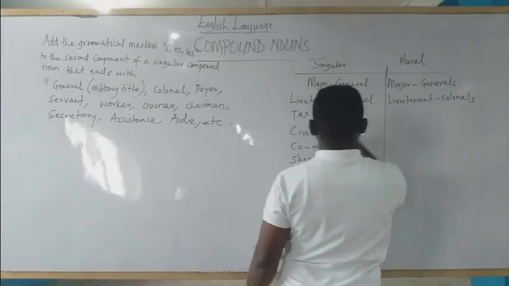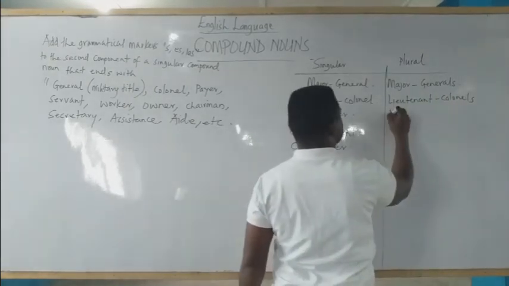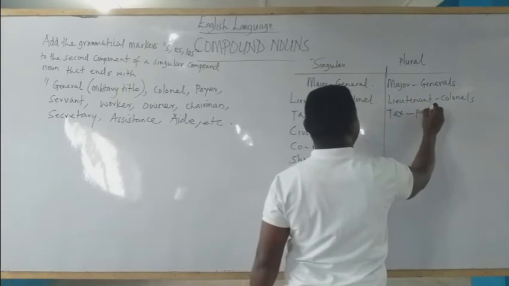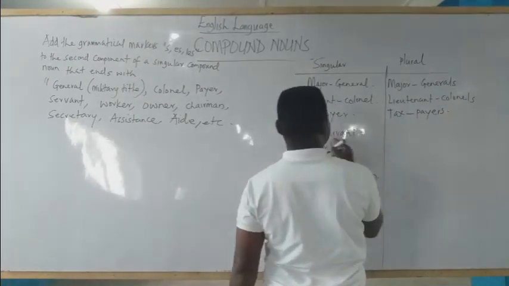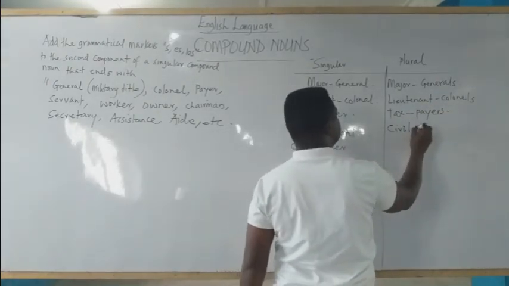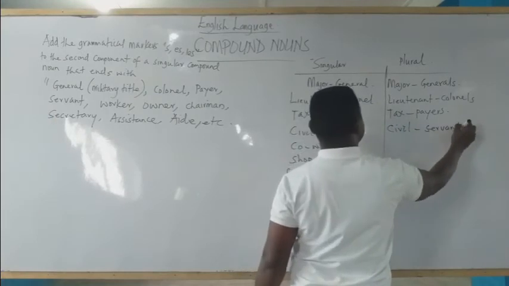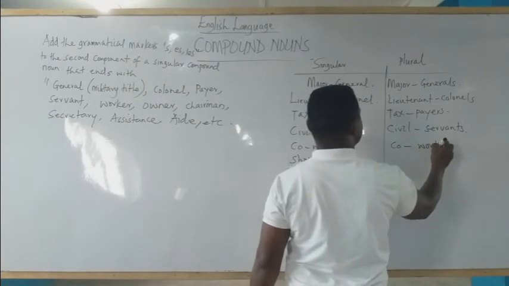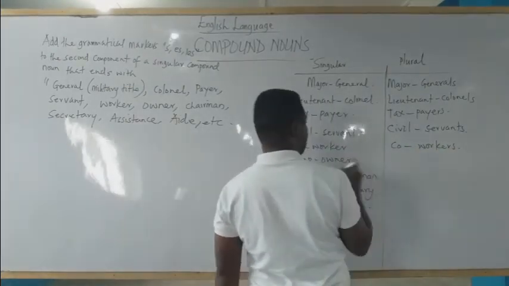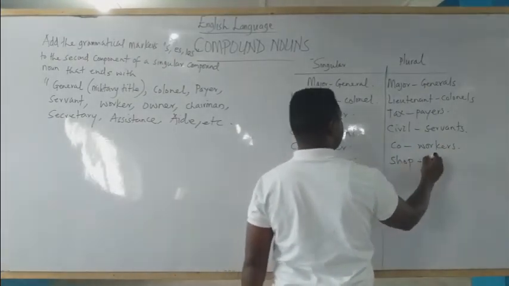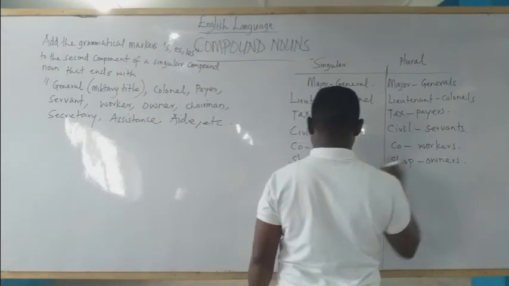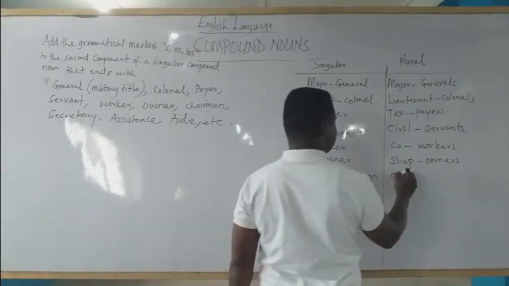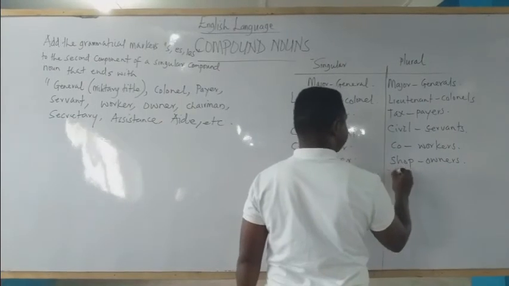Taxpayer becomes taxpayers. Civil servant becomes civil servants. Co-worker becomes co-workers. Shop owner becomes shop owners. Executive chairman becomes what?